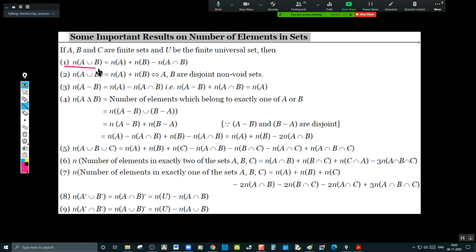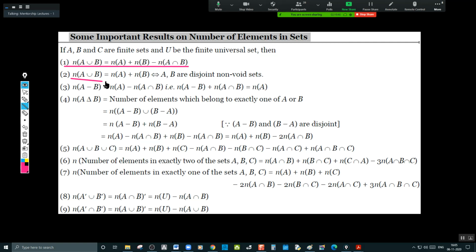N of A union B is N of A plus N of B minus N of A intersection B, because A intersection B will be added twice if you write N of A plus N of B. Because it is added twice, we subtract it once. So N of A plus N of B minus N of A intersection B. Important place.